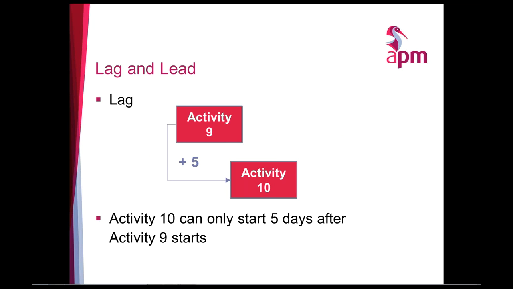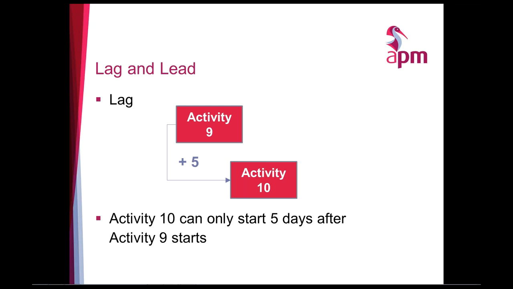Okay. There's then lag and lead. Lag and lead is a way of delaying or doing earlier the activities in terms of the relationship. So in the example on the screen here, we've got the start-to-start relationship, but we've got a lag of 5 days. So what it's saying is activity 10 can start, but only 5 days after activity 9 has started.